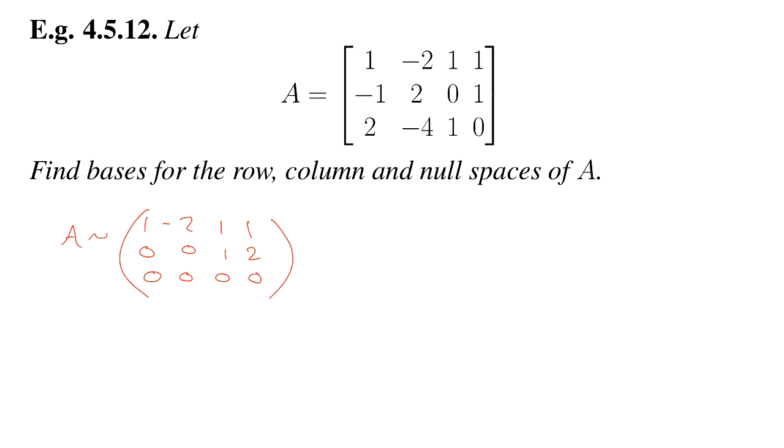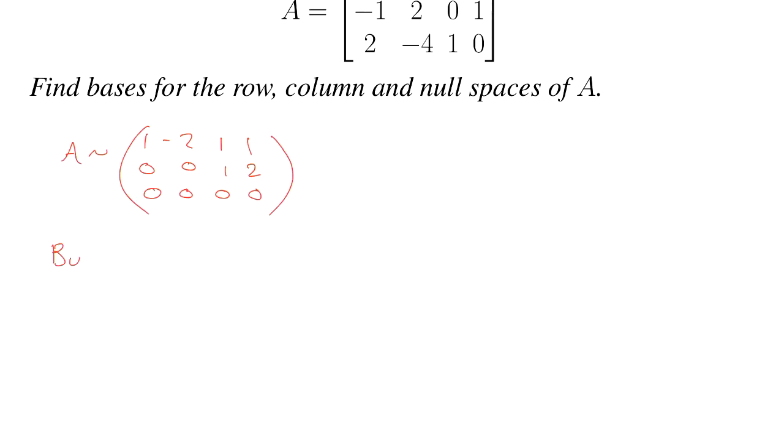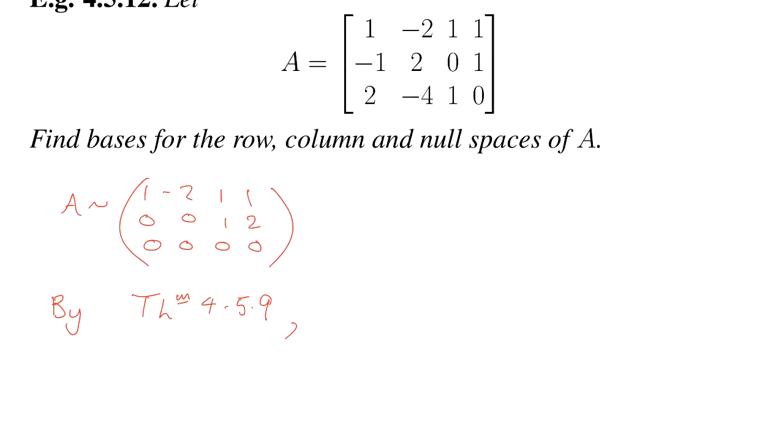So I just tell you what the echelon matrix is and then ask you to do something with it. So A is row equivalent to this thing.